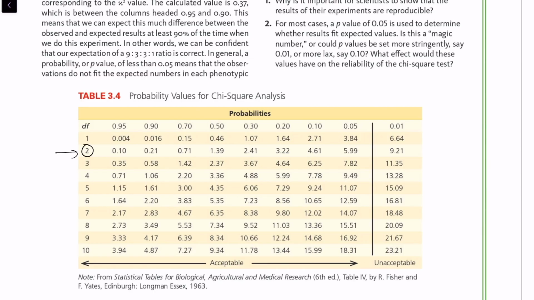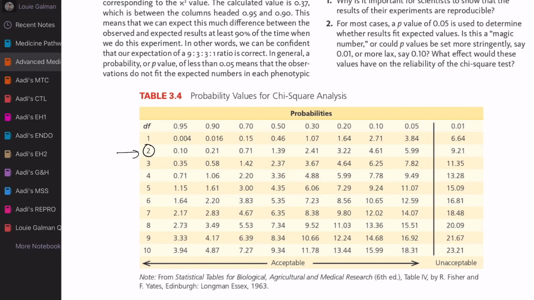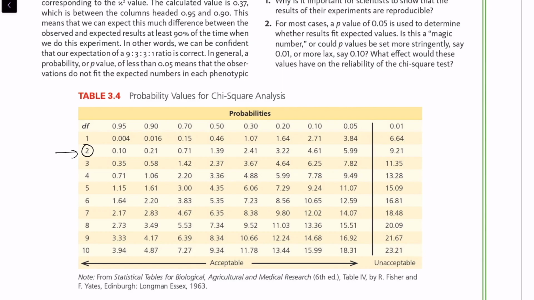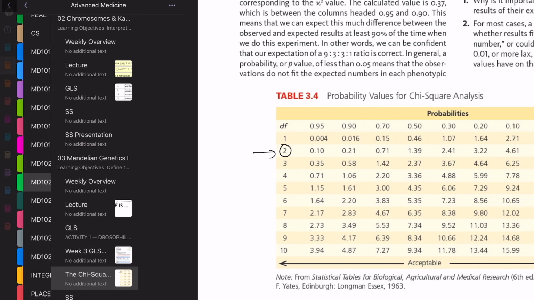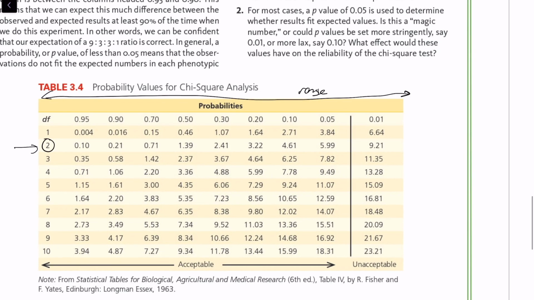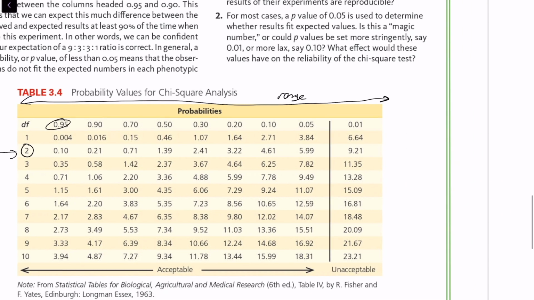Then we have a look at our number on this row, because imagine this as a range of values. I know there are specific values put into this table, but that just indicates the probability that our hypothesis is true, for example.